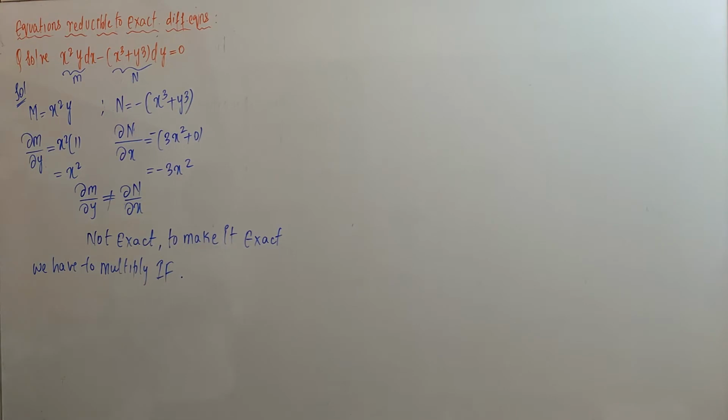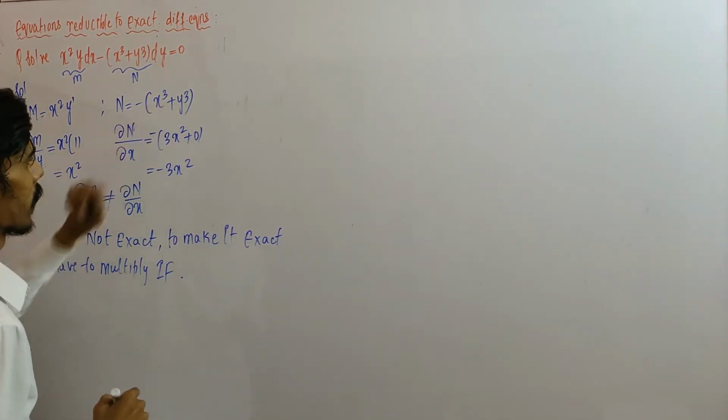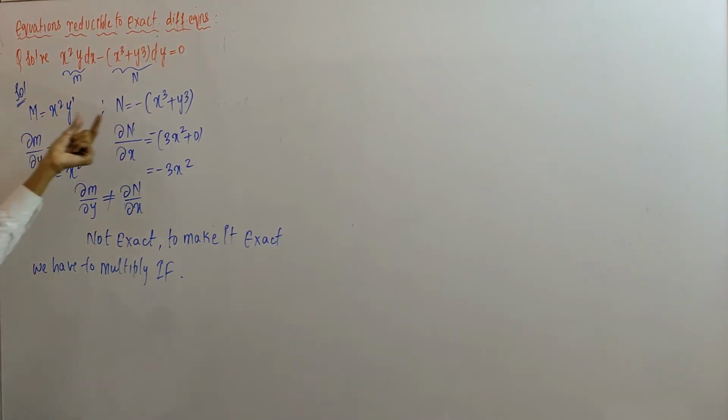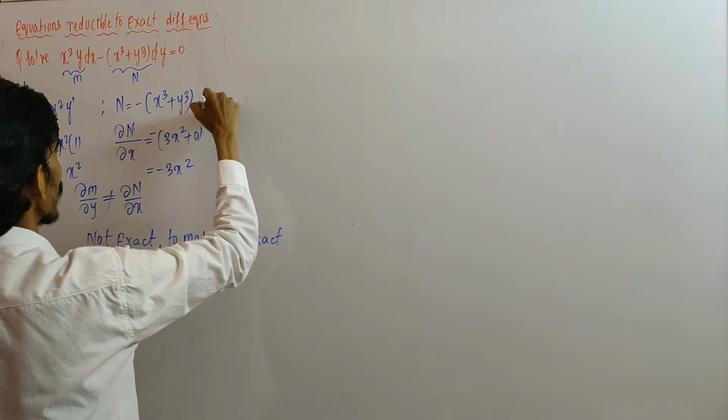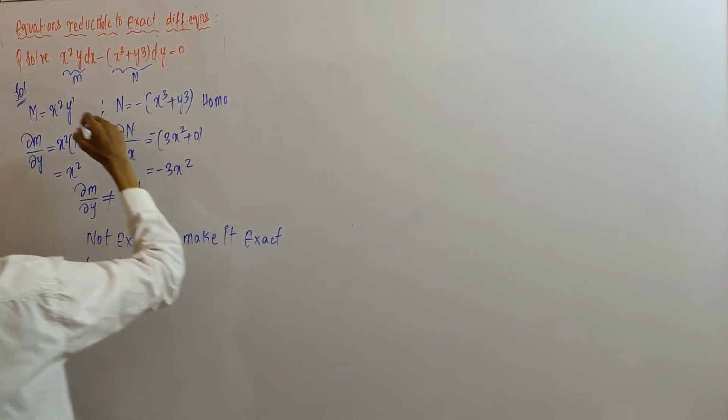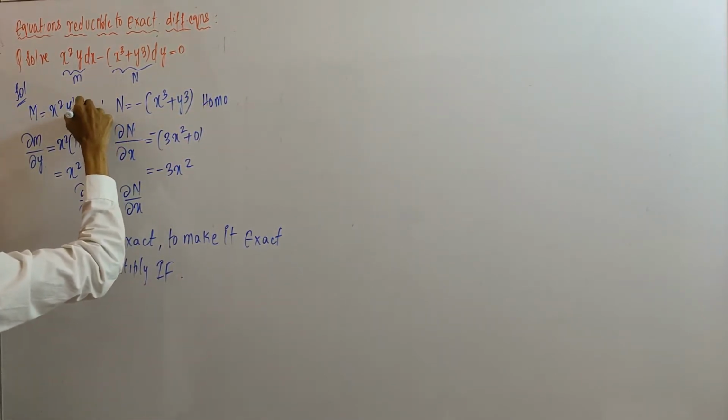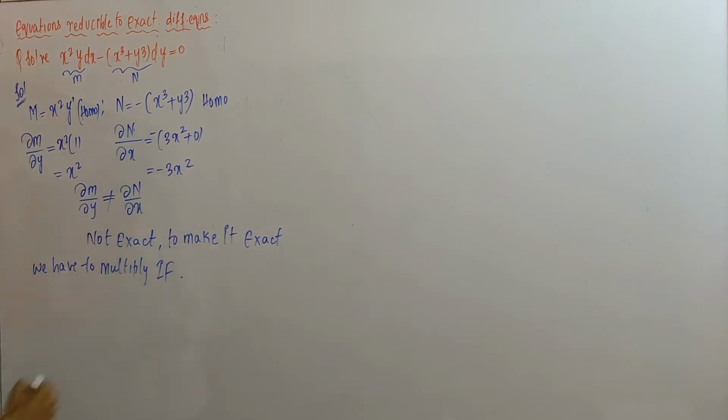Now here M is x square y. Here we have y power of 1. So 2 plus 1 is 3. So the degree of this M is 3. Here we have 3 as well. So M and N are homogeneous functions. This N is also a homogeneous function of degree 3.